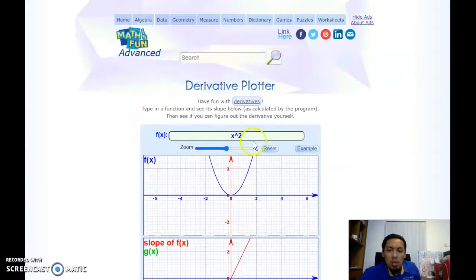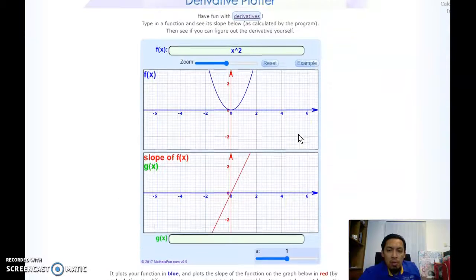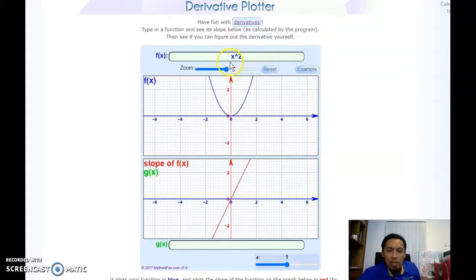This is what really happens. Let's say this is the graph of x squared. When you are finding a derivative, you are actually finding a slope. You are finding the slope of a straight line. Later you are going to learn about the tangent line.